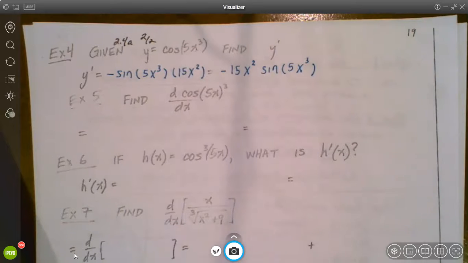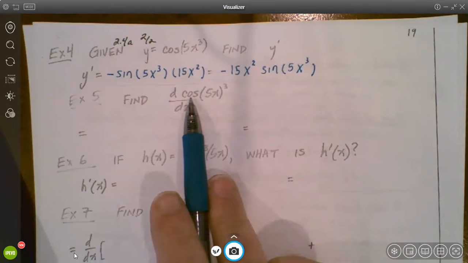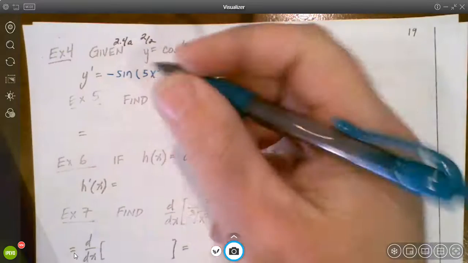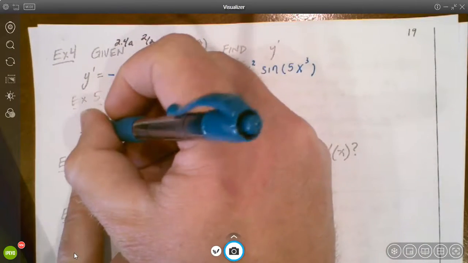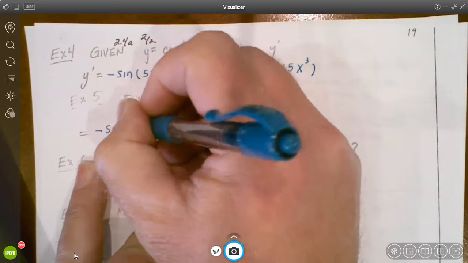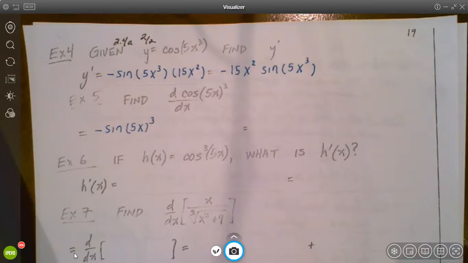And so let's just start with the big picture of derivative of the outside function. That's always where this stuff would begin. So the derivative of cosine of 5x to the third would then just be negative sine 5x to the third. So that's just where that starts.